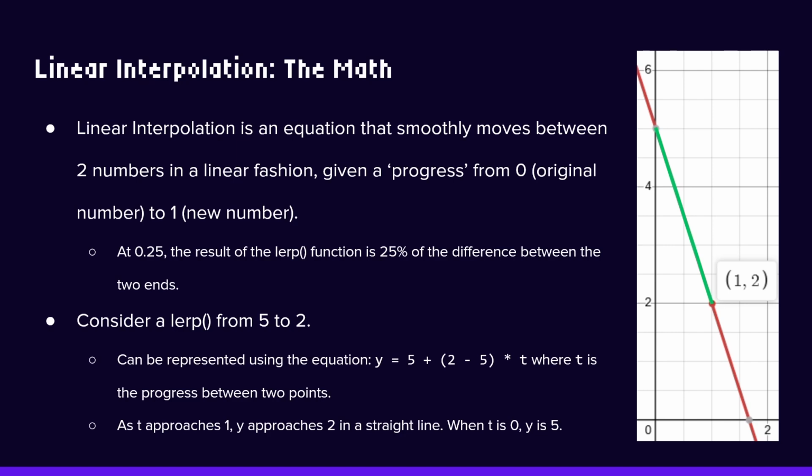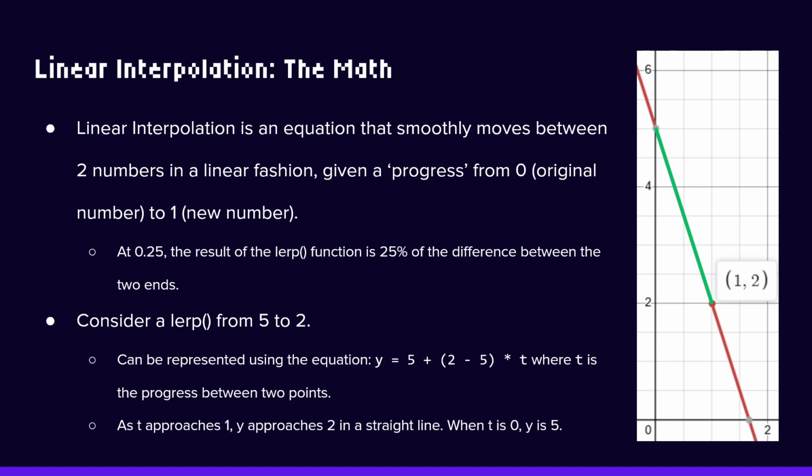So if you consider a Lerp from 5 to 2, at 0, it's 5, and at 1, it's 2. But in between that, it can be represented using the equation y equals 5 plus (2 minus 5) times t, with 2 minus 5 in parentheses, as you can see. So that's basically the difference. I mean, it's an equation. So you look at that graph there on the right, you can see the green section is the linear interpolation. So as time proceeds from 0 to 1, it approaches it in a line.